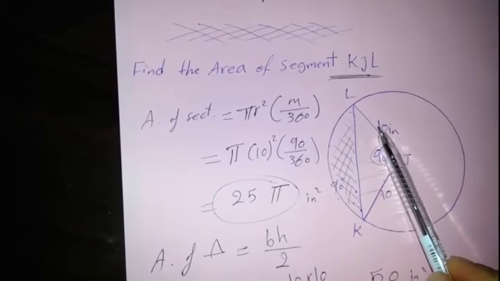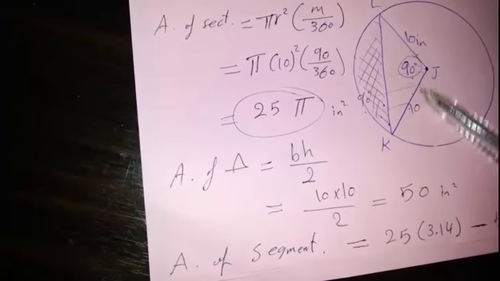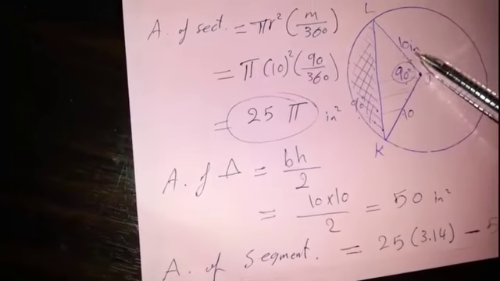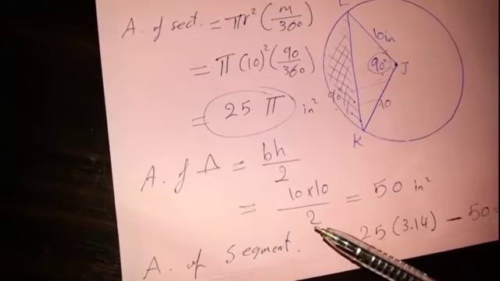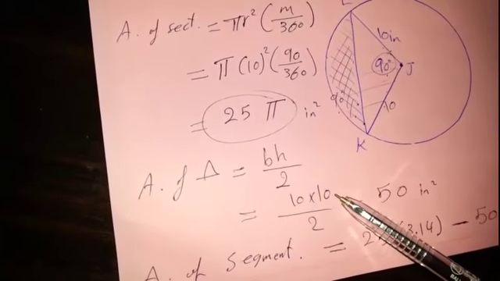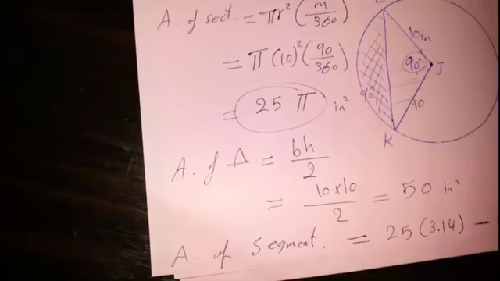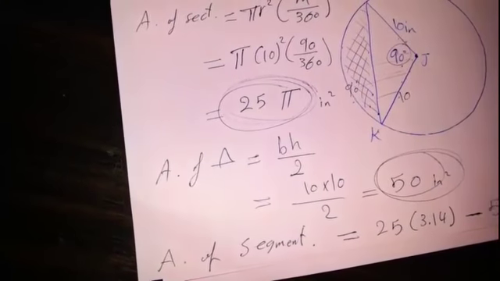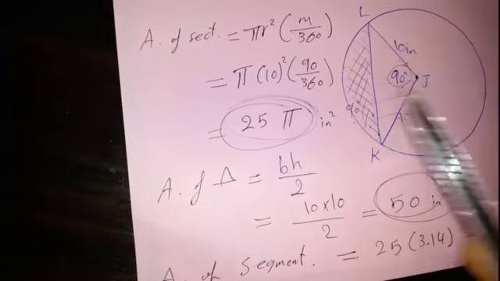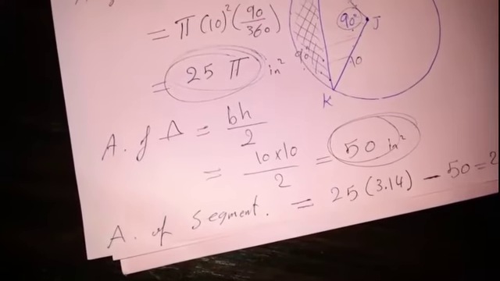Area of the triangle is base times height over 2. If this one is 10, this one will also be 10, because they are radii. 10 multiplied by 10 is 100, divided by 2, it will be 50. Now the area of the segment will be this one minus this one. So you find the area of the sector, then the area of the triangle, then subtract them to find the area of the segment. Is it clear? Okay.